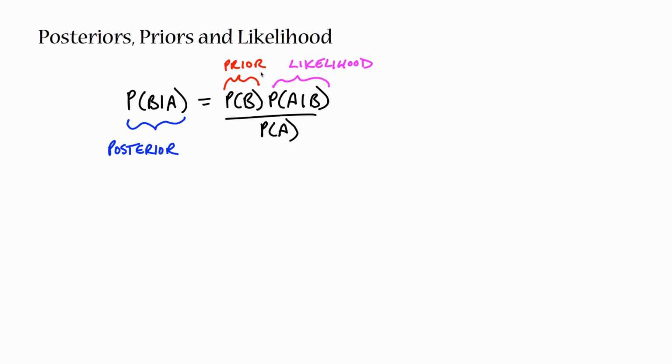So the prior kind of makes sense because it's what you thought the probability of B was before you had any information, right? Prior to getting any information about A having happened. And sometimes you'll see this bit down here referred to as evidence.